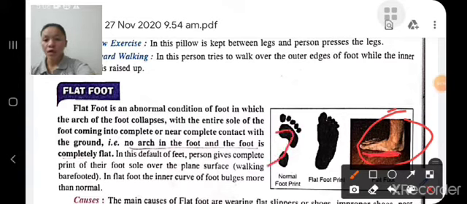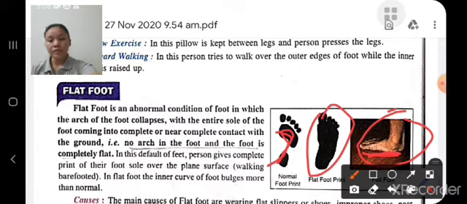There is no arch in your foot. The foot is completely flat on the ground. In this defect of the feet, the person gives a complete print of the sole over the surface.